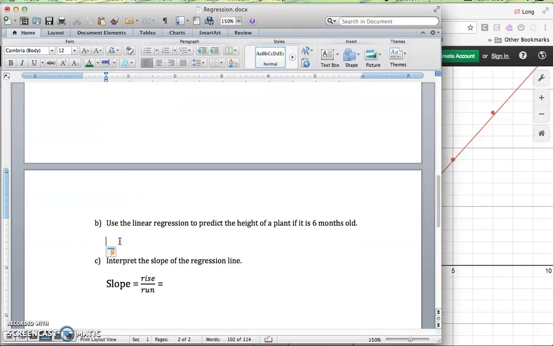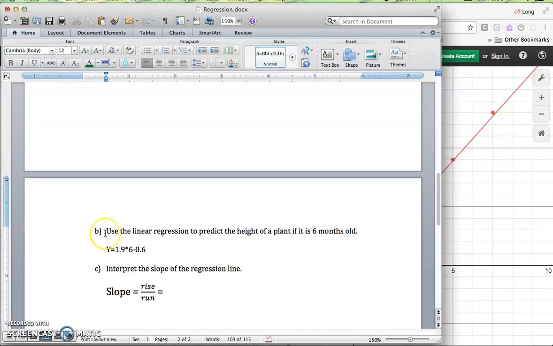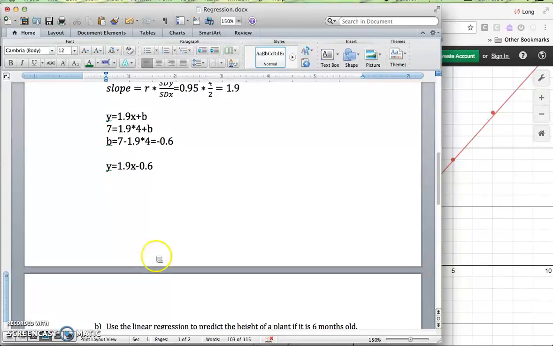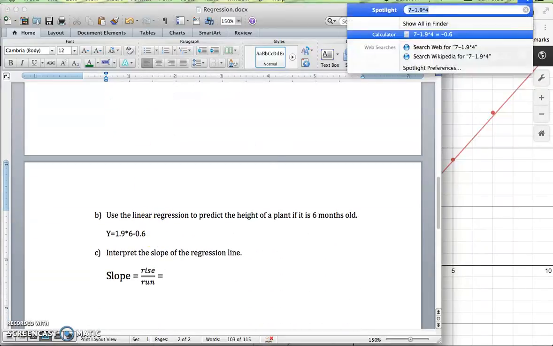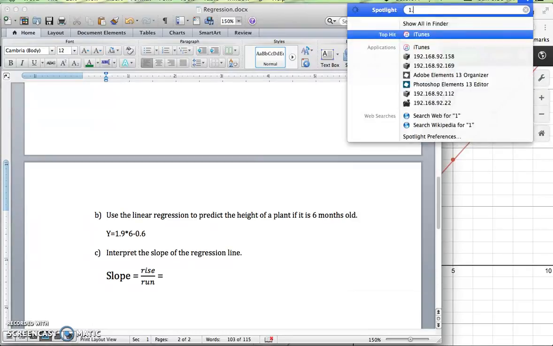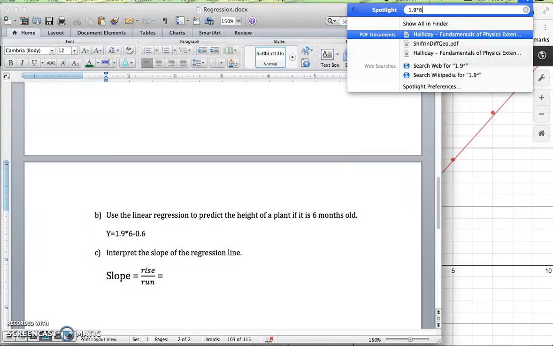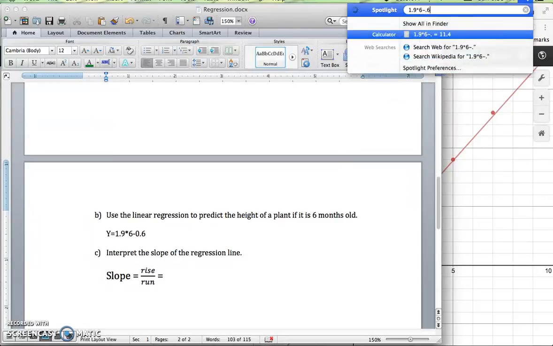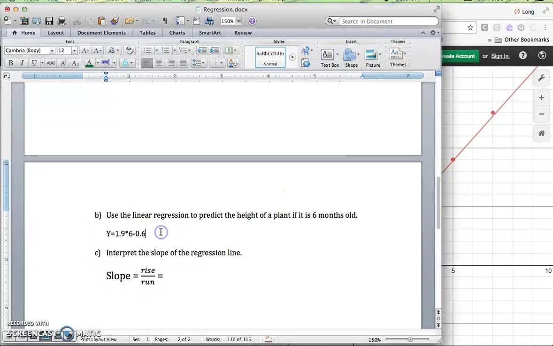That means y is equal to 1.9 times 6 minus 0.6, where x is now 6 months. If I do that, I get 10.8, and this is in inches. So at 6 months, the prediction is that the plant is approximately 10.8 inches.